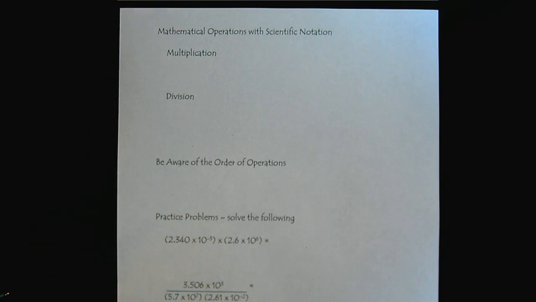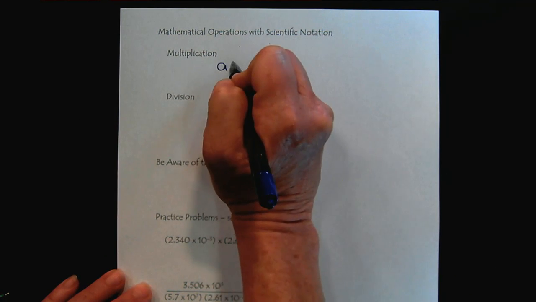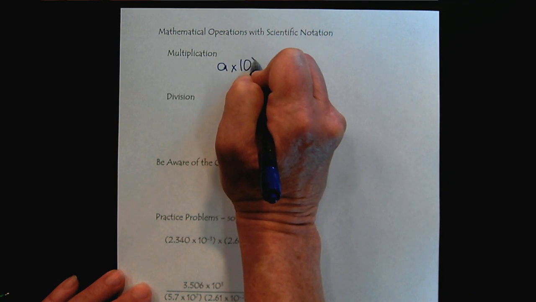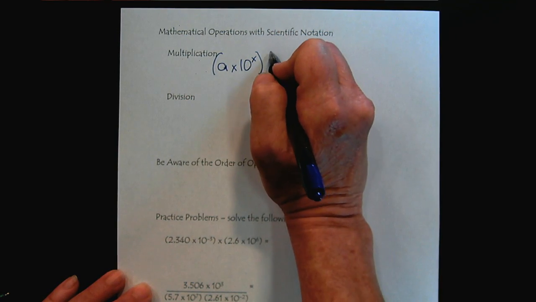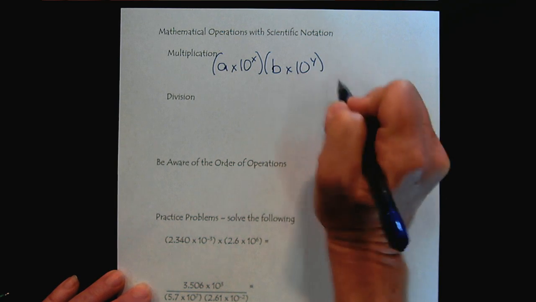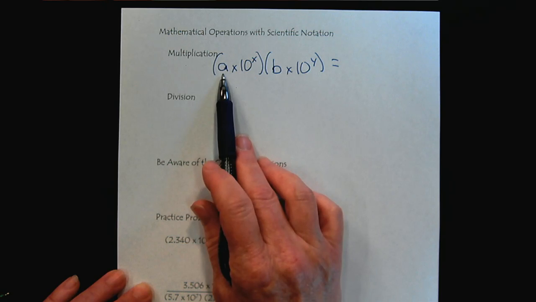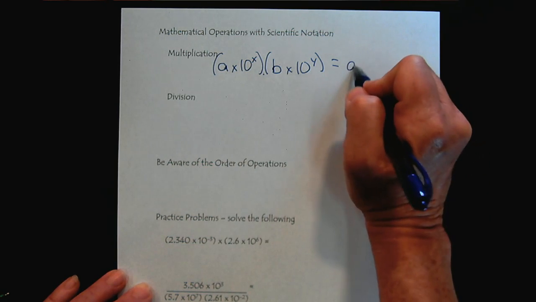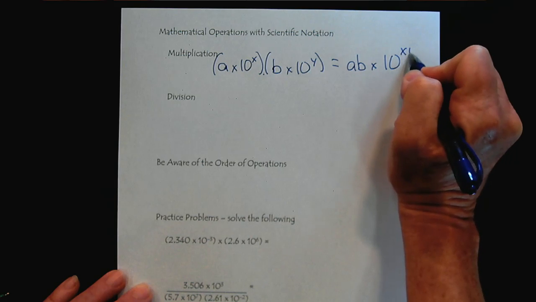Alrighty, so we'll just use some generic scientific notation terms. So if we have A times 10 to the x multiplied by B times 10 to the y, when we're multiplying terms in scientific notation, we multiply the coefficients and then we add the exponents.